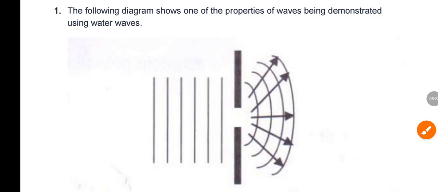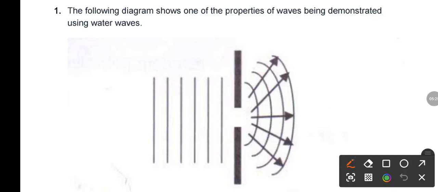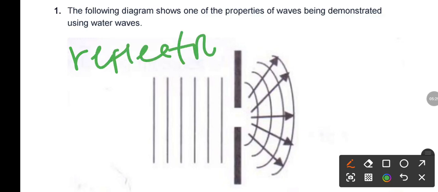Okay. Then, what is wave reflection? Wave reflection occurs when incident wavefronts of a wave hit an obstacle and they bounce back in the same medium.